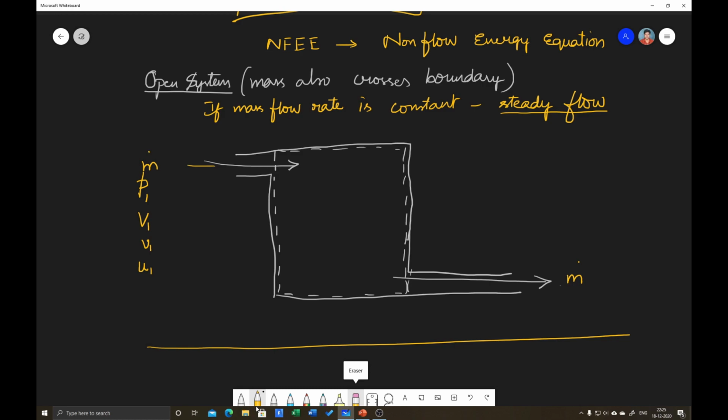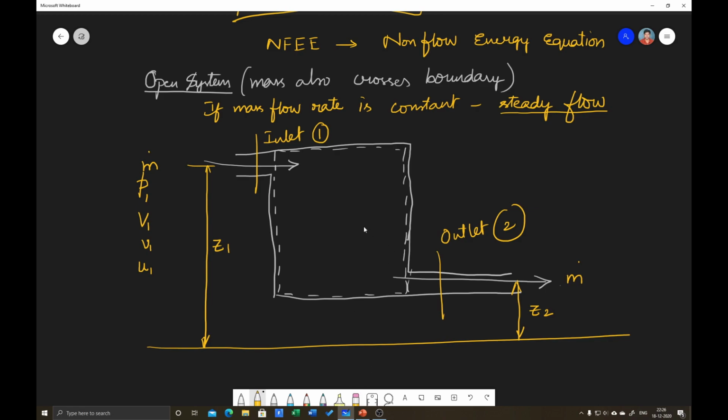So there may be a chance that the inlet is at a higher position than the outlet. So this is inlet 1, this is outlet 2. This is at a higher position and this is at a lower position. So there is a chance of potential energy difference, so we have to consider it.